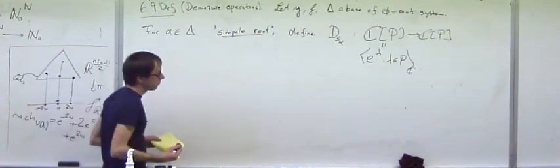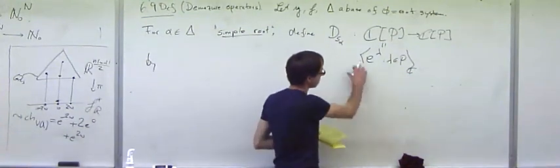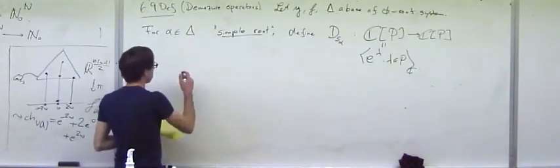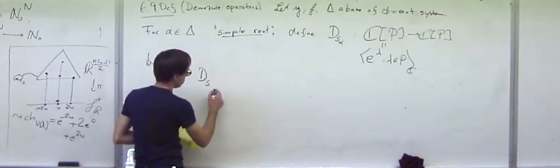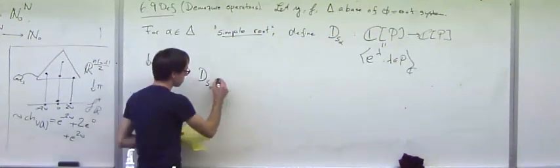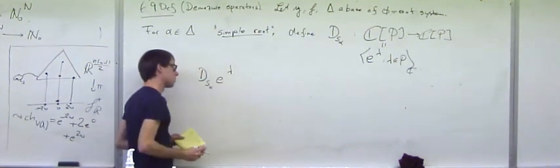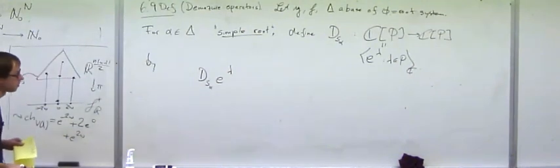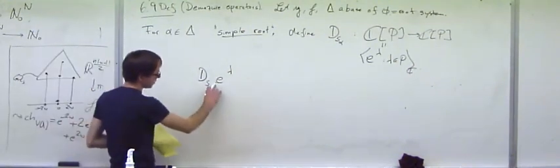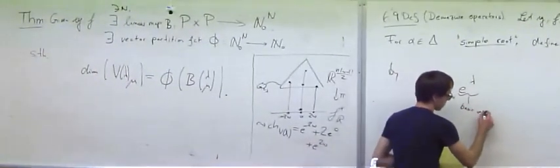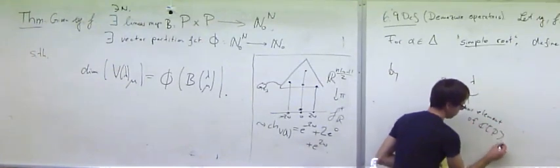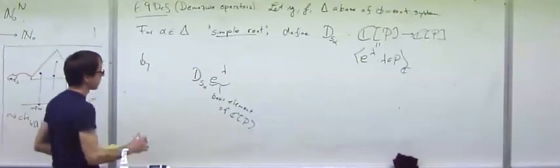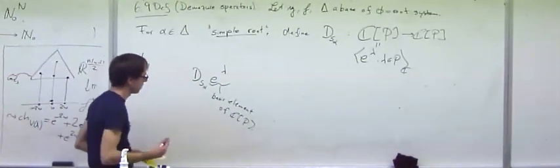So how do we define a linear operator? In general, it's of course sufficient to define it on a basis. So I have to say what is D_{s_alpha} e to the lambda. So this is a basis element of CP. And then I can define the linear operator just by linear extension.